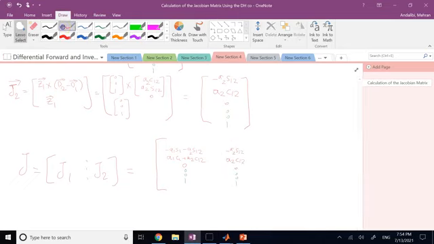Done. This is my J, which is a 6 by 2 clearly. Is that the same thing that we got when we did those partial derivatives?